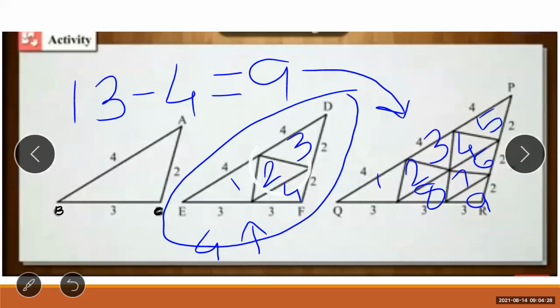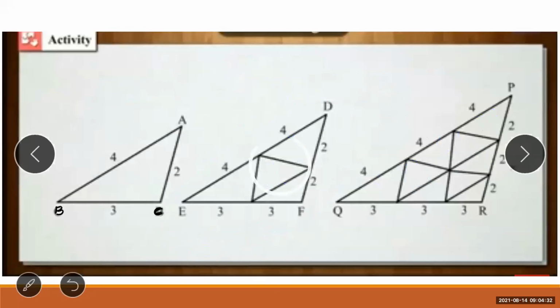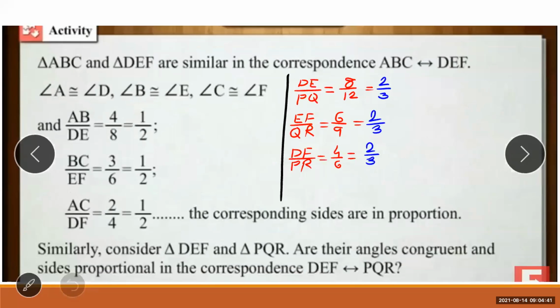Okay. Now what you have to do here, see, triangle ABC and triangle DEF. For those 2 triangles, triangle ABC and DEF, as we know that those are similar to each other with the same shape.